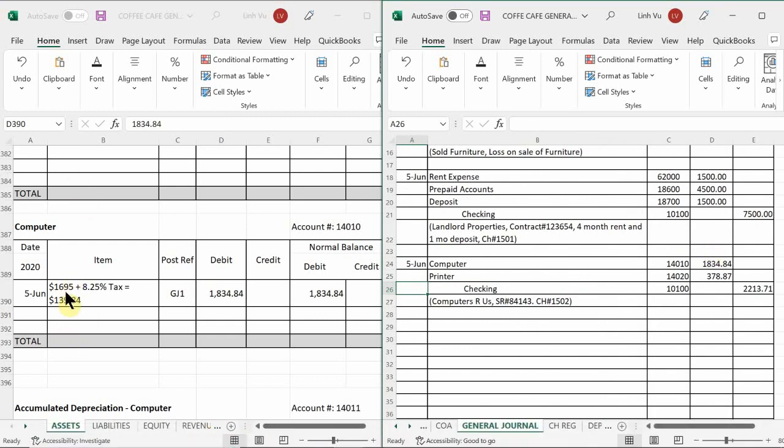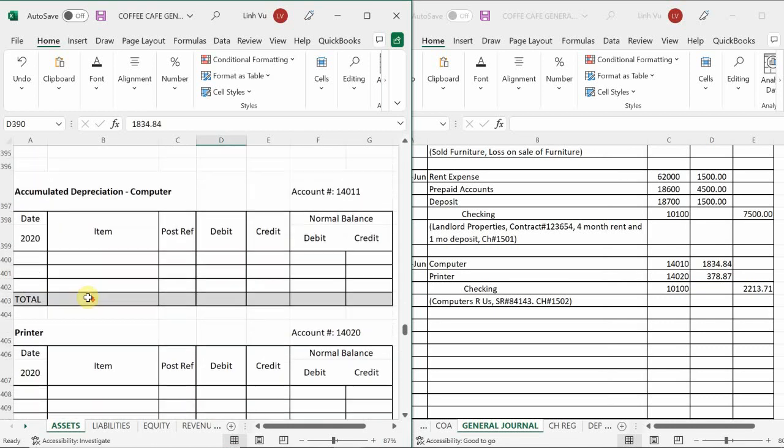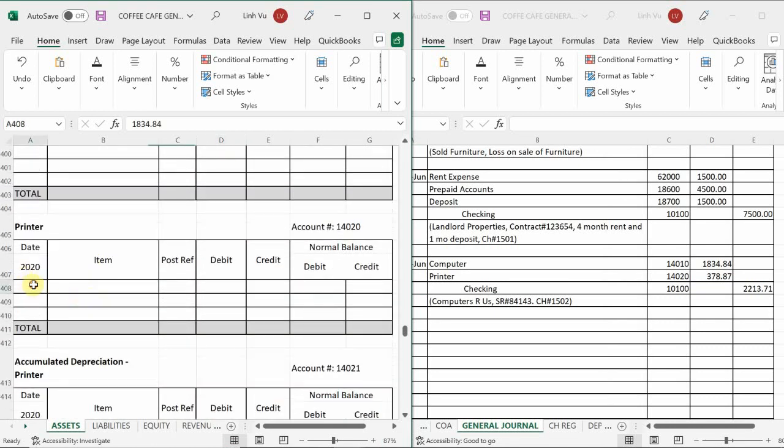All right, so now that I finished my computer, I can go ahead and identify where my printer is. Here's my printer. It's about a couple accounts down. Today's the 6th. How much did I buy the printer for?